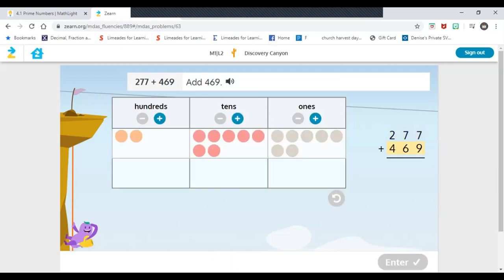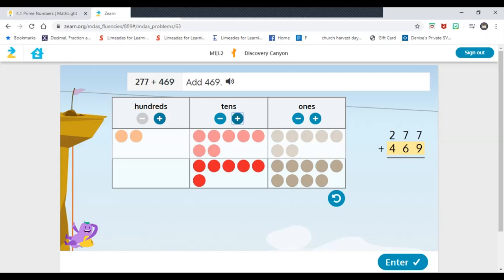Now they're going to want me to add 469. So again, I'm going to start with my ones place because I always add my ones first. And so I have 9 ones. 2, 3, 4, 5, 6, 7, 8, 9. I have 6 tens. And I have 400s.